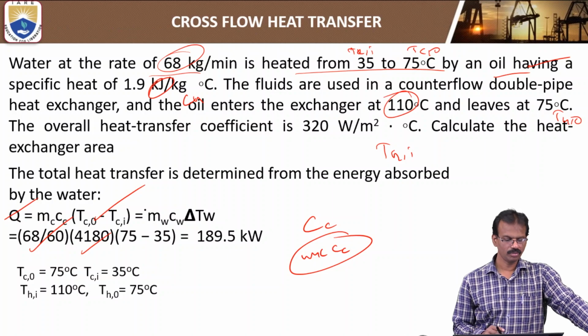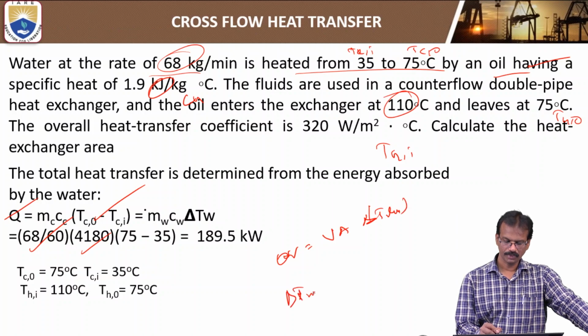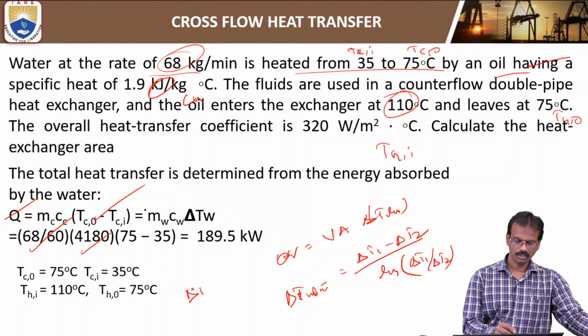What you have to find is the area. If you know the Q value, then you know that Q is equal to UA into ΔT lm. Then you have to find the ΔT lm. You know the ΔT lm formula: ΔT1 minus ΔT2 by ln of ΔT1/ΔT2.